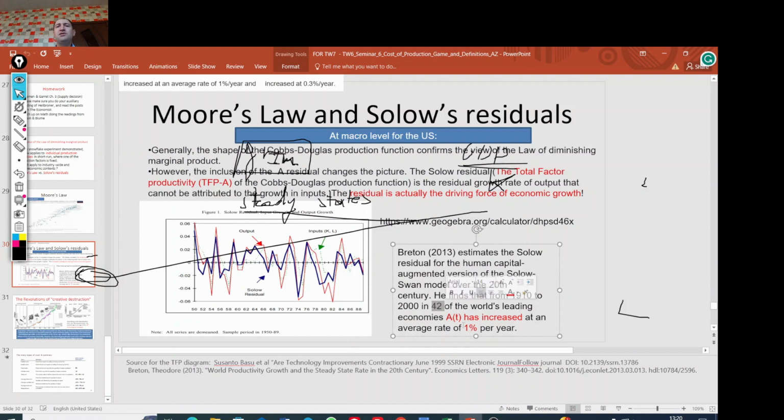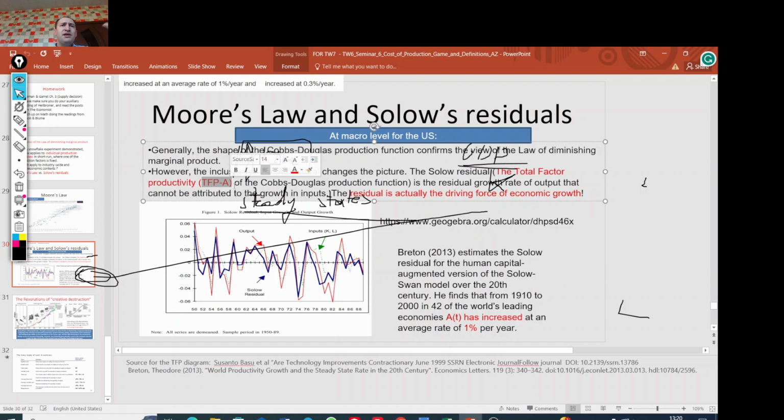In all the big economies, the A factor, the total factor productivity, was increasing at that rate. So that A factor saved the day from the inevitable impact of the law of diminishing marginal product on the macroeconomic plane.